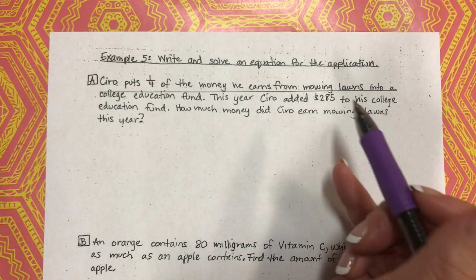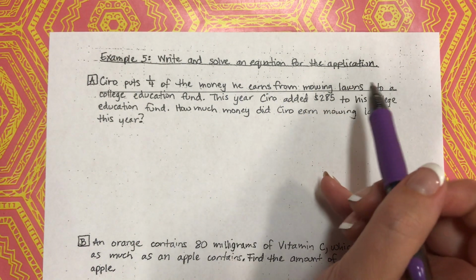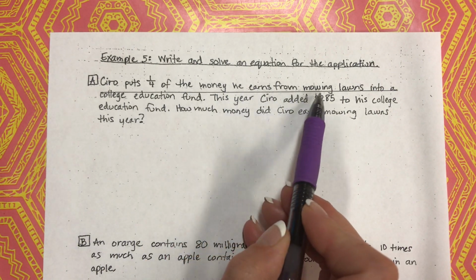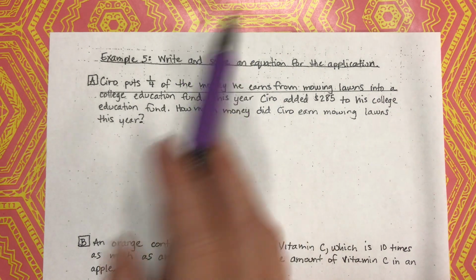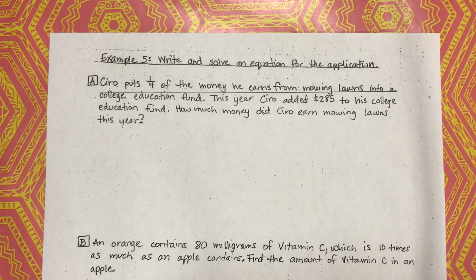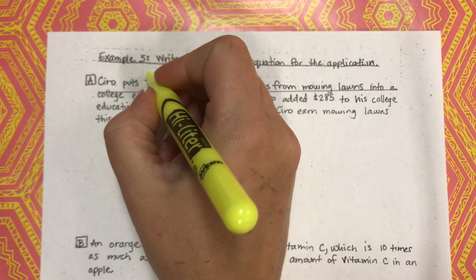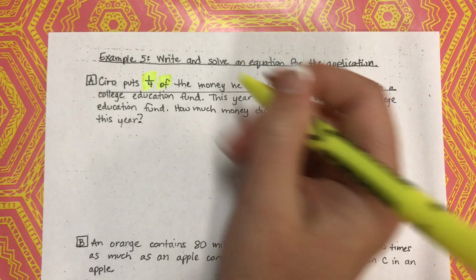Okay, so we are looking for an equation. Okay, so 1/4 of the money he earns from mowing lawns into a college education fund. So 1/4 of, that's a key part, of means multiplication.